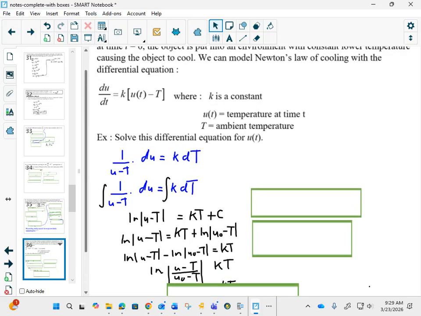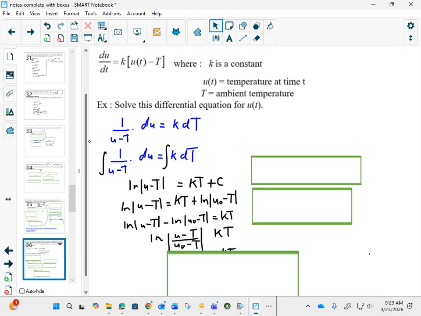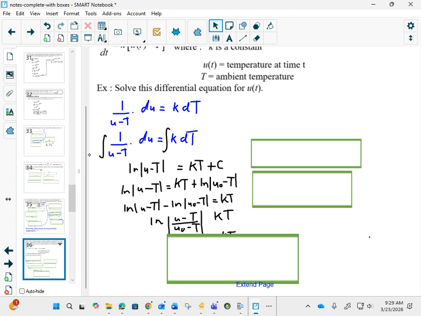You're not going to be asked to do a question like this, but our constant is going to be based on our initial value minus the temperature, the ambient temperature.